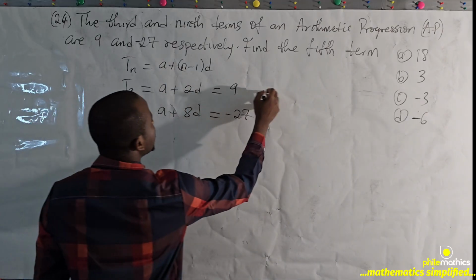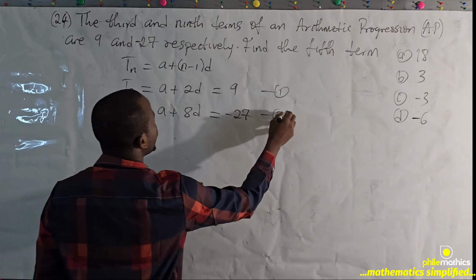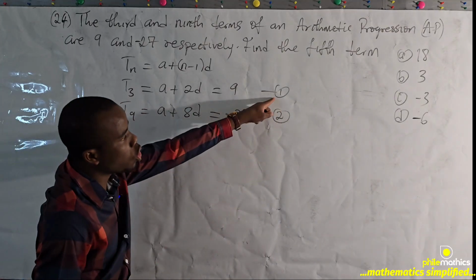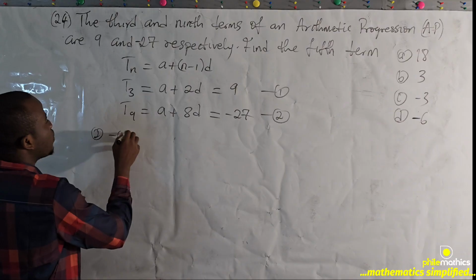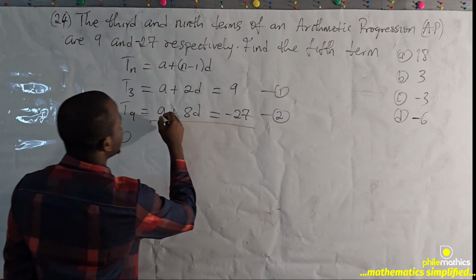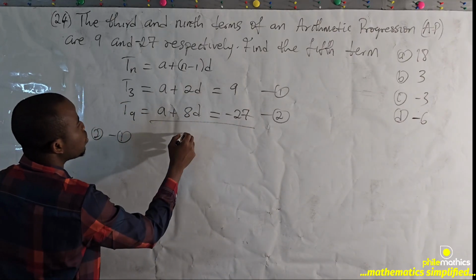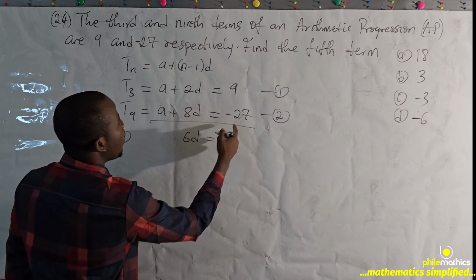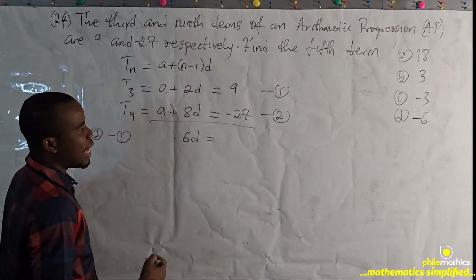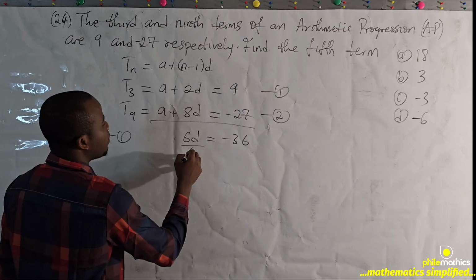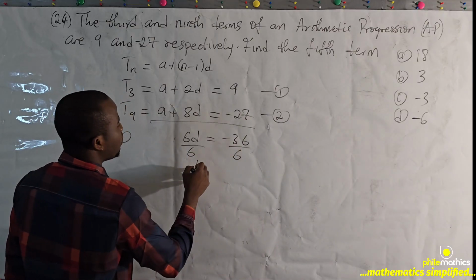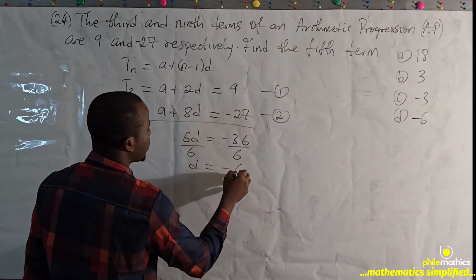And so if we call this equation 1 and equation 2, we can subtract equation 1 from equation 2. So 2 minus 1, if we subtract, A is gone. 8D minus 2D is 6D. Minus 27 minus 9 is minus 36. So if we divide by 6, we have that our D is minus 6.